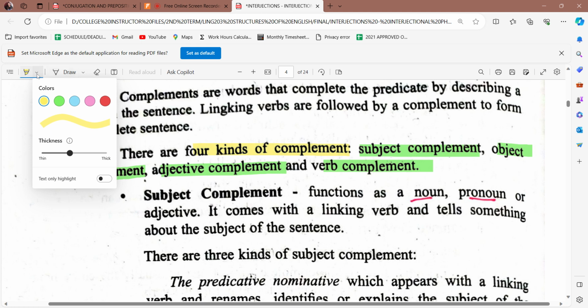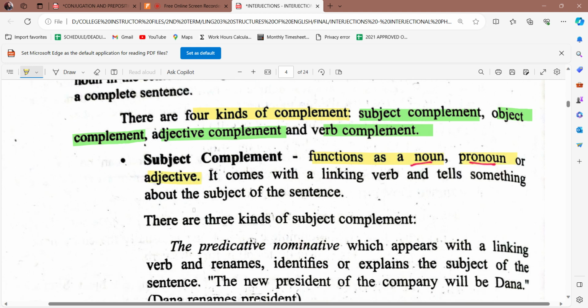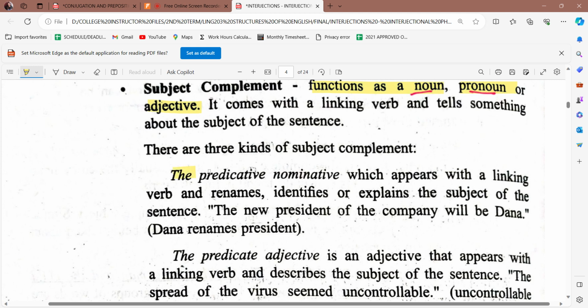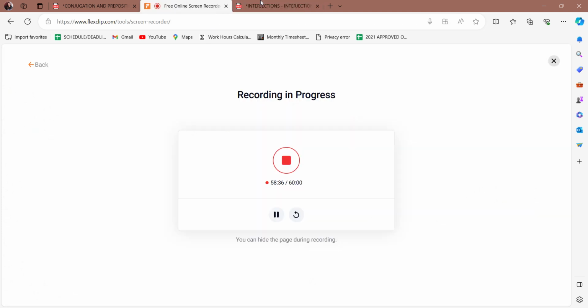Okay, for subject complement, this functions as a noun, pronoun, or adjective. It comes with a linking verb and tells something about the subject of the sentence. There are three kinds of subject complement. First is the predicate nominative, which appears with a linking verb and renames, identifies, or explains the subject of the sentence.